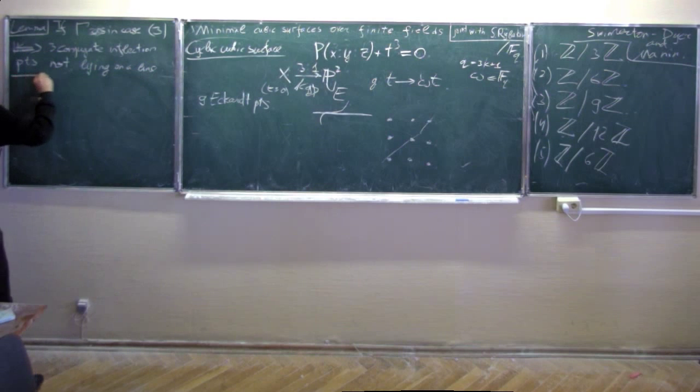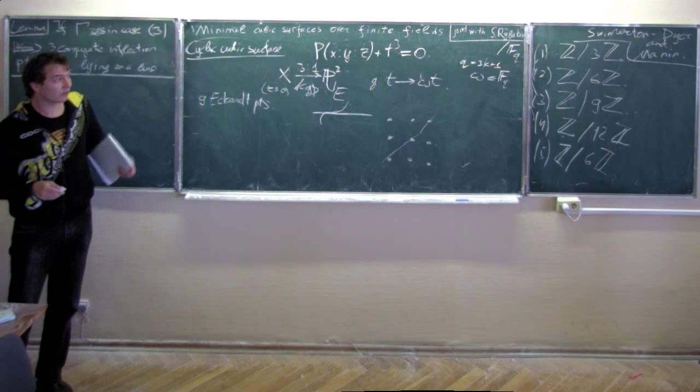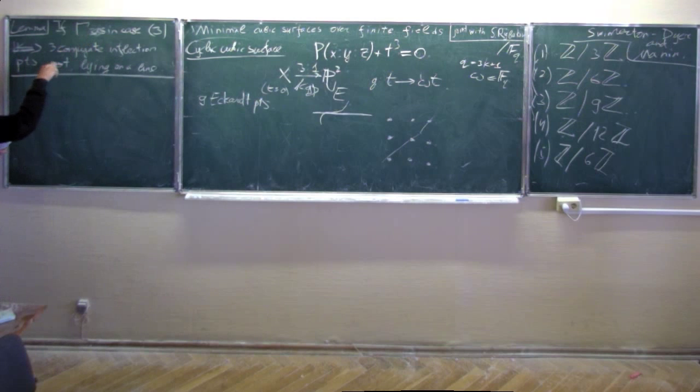Well, how to prove it? Let us assume that there are 3 conjugate inflection points which don't lie on a line, but gamma is not of order 9. Then in our Weyl group there is only one subgroup of order 9 up to conjugation. So if there is not a group of order 9, then we have an element of order 3 in the group gamma.